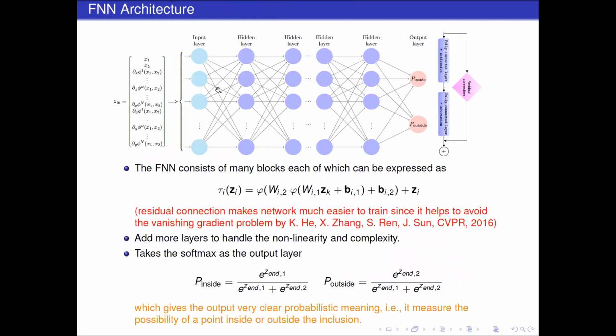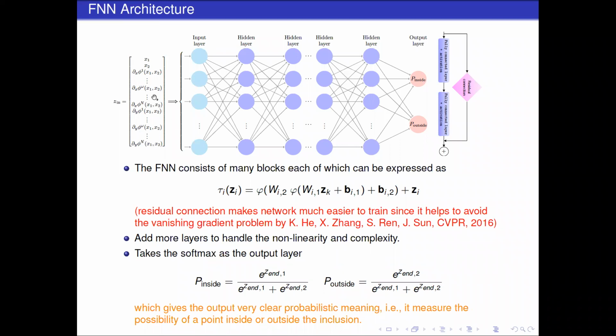So this is the architecture of the neural network, a feedforward architecture. Each neuron has a format like this, and the matrix W and the bias vector contain the so-called numbers, which are some parameters to be determined by data.